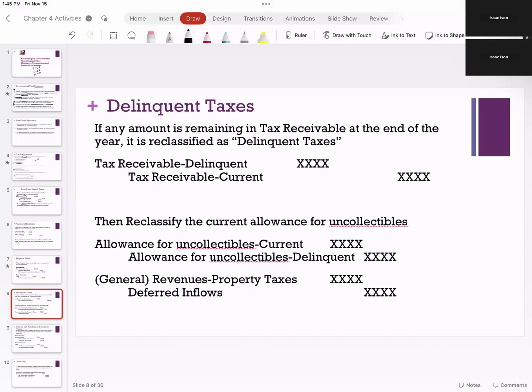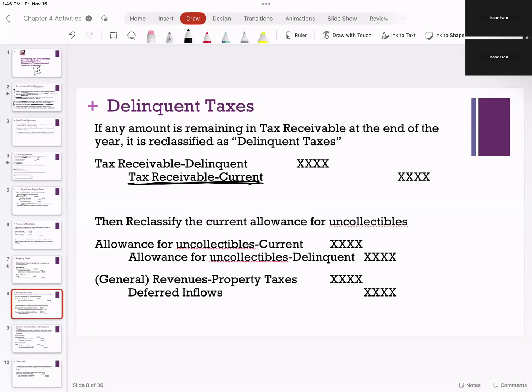If they're delinquent, we reduce down this asset account, the tax receivable current account. So we credit it to reduce it, and then debit tax receivable delinquent or non-current. And then with the allowance account, we just do the opposite too, reduce down allowance for uncollectible accounts current and increase allowance for uncollectible accounts delinquent.